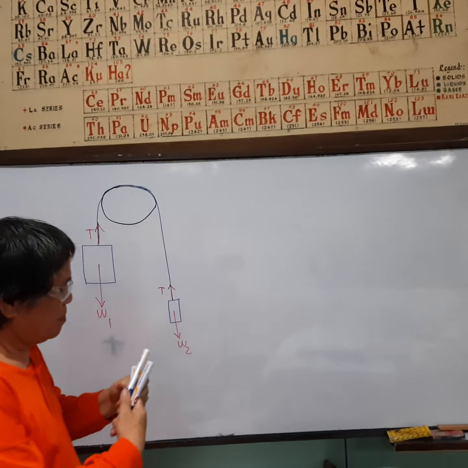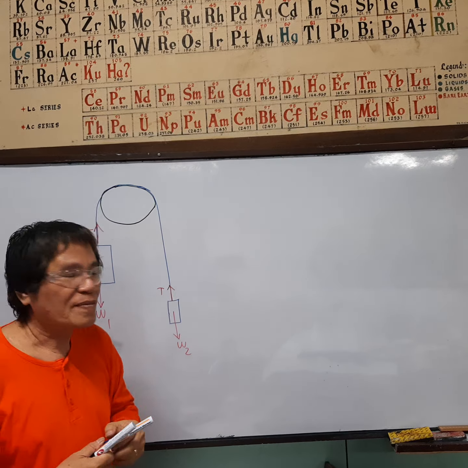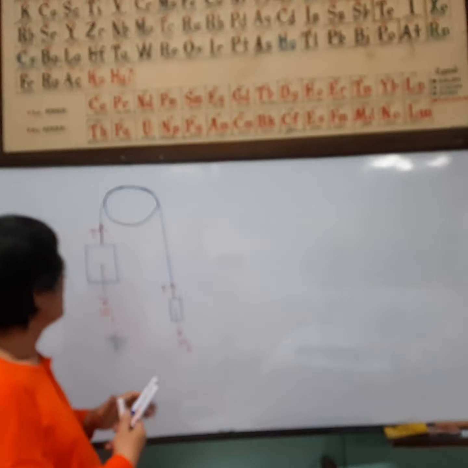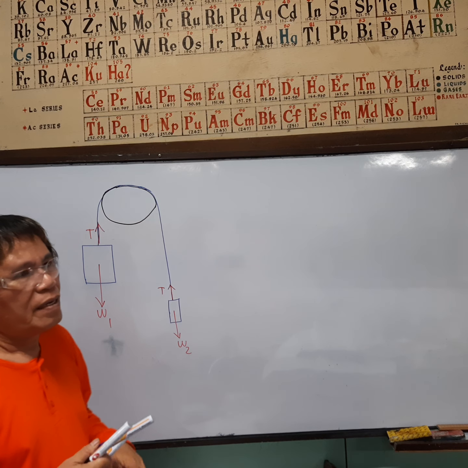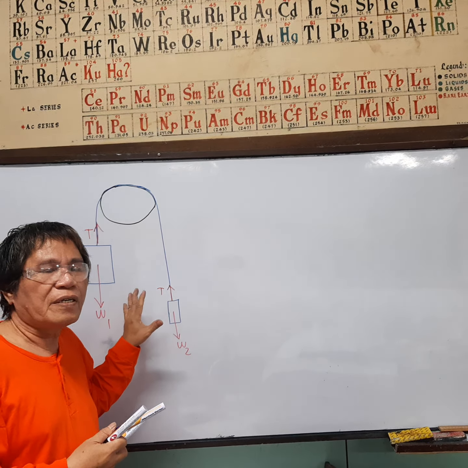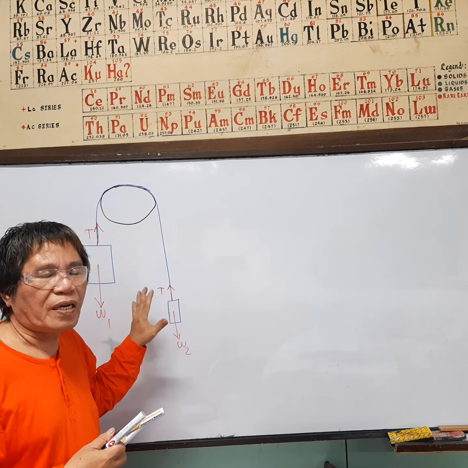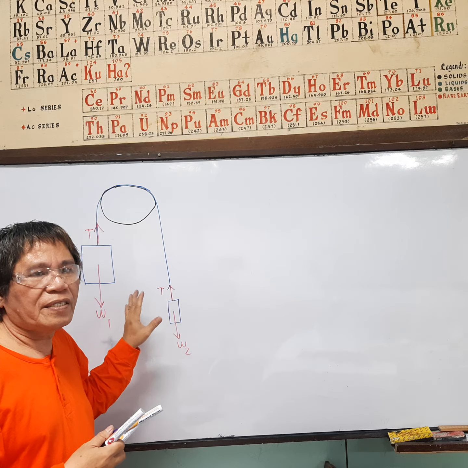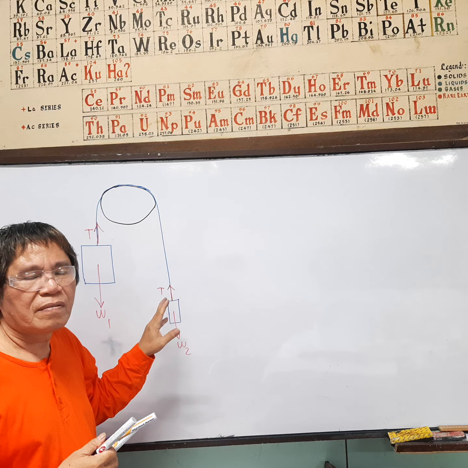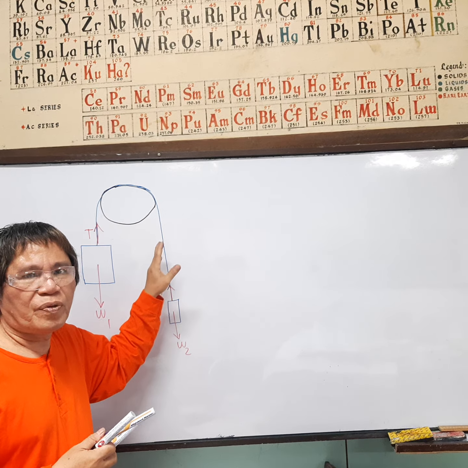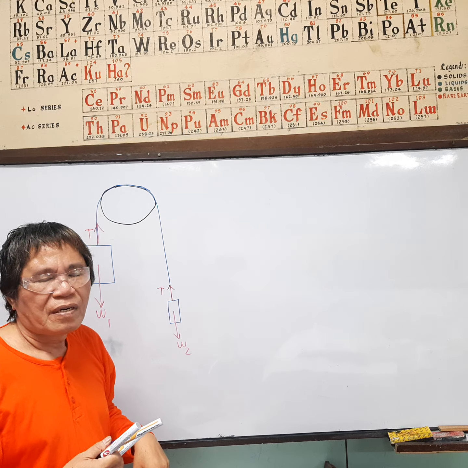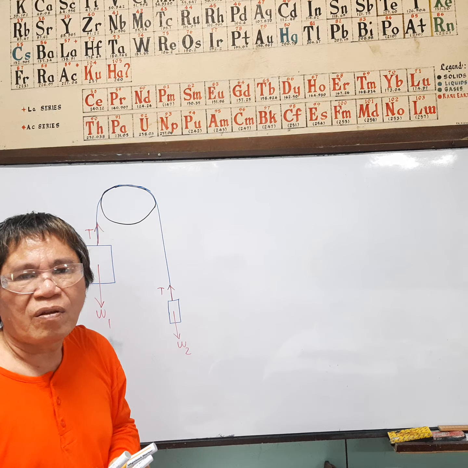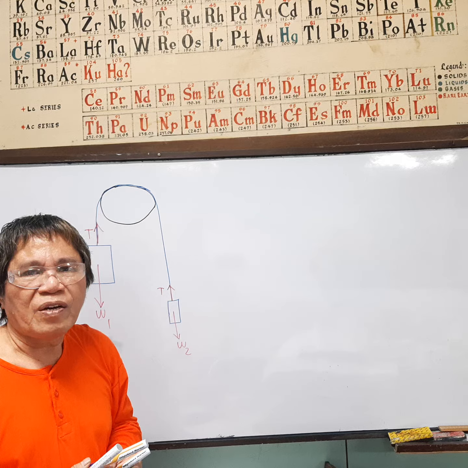Now, going up, the system here of objects, the cage and the counterweight, including the pulley, and we assume the pulley to be frictionless, the cable without friction, they are all governed by the second law of motion, that F equals ma.